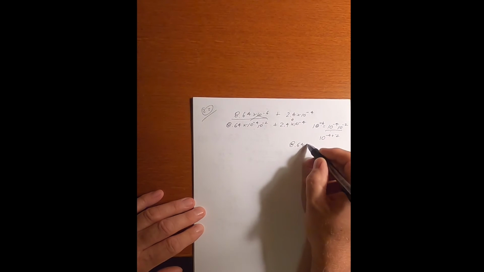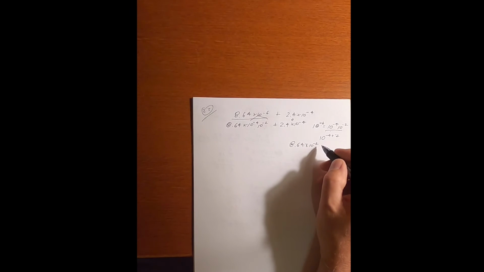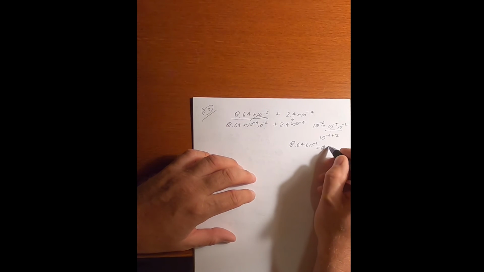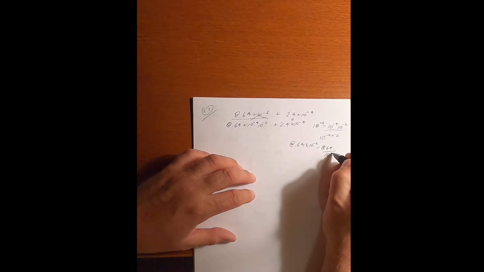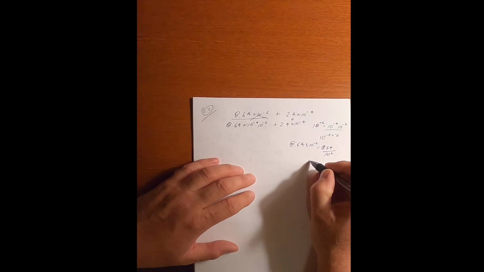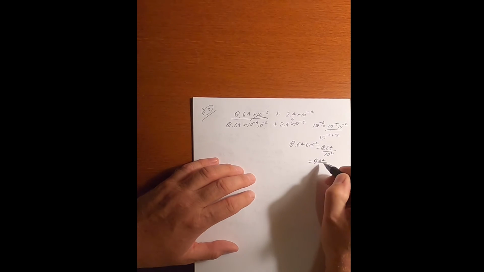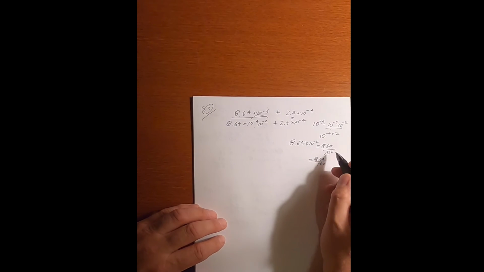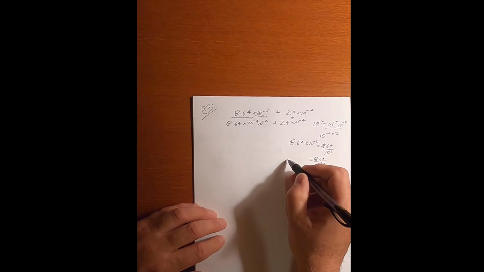8.64 times 10 to the minus 2 is really equal to 8.64 divided by 10 to the 2. Well, that equals 8.64 divided by 100. So what are you doing? You're making a small number. So you're moving the decimal 2 places.